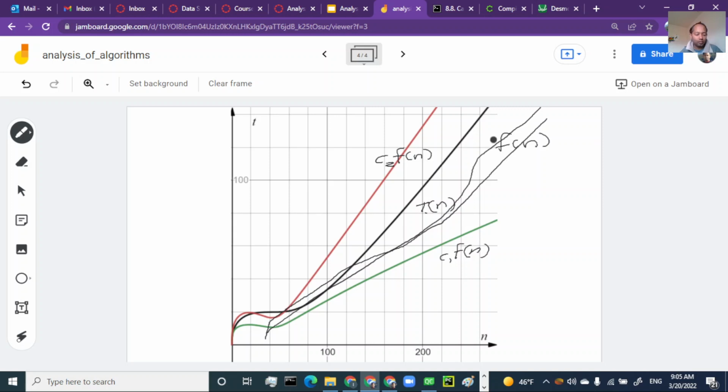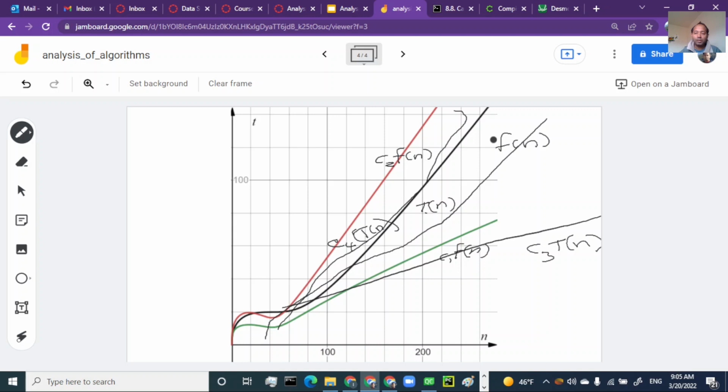Sorry about that. Right here, and another function. So this is, let's say, C4 F(n). Now this is T(n), and this is C3 F(n). Now this is the other way around, right?